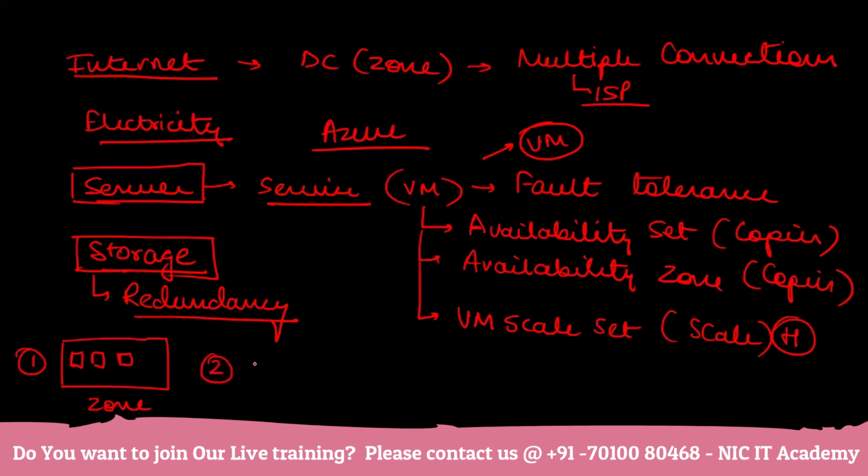There could be another form where I have a region with multiple data centers. If you remember, yesterday we discussed that a region can contain multiple data centers. For example, the India South region in Azure has 3 data centers. In close vicinity you will have multiple data center buildings, and that particular area is called a region. So within a region, I can have multiple data centers.